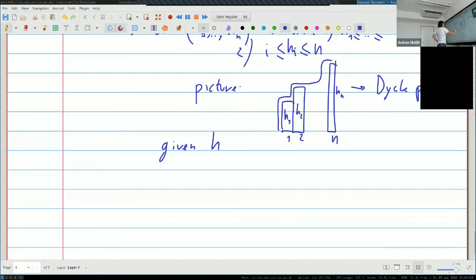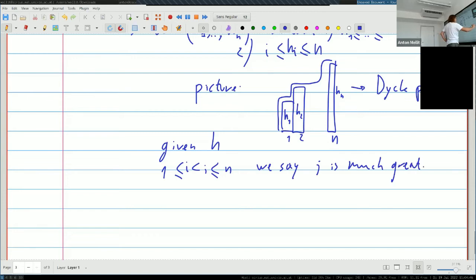Given this h, if i is less than j, between 1 and n, we say that j is much greater than i if j is greater than h_i.